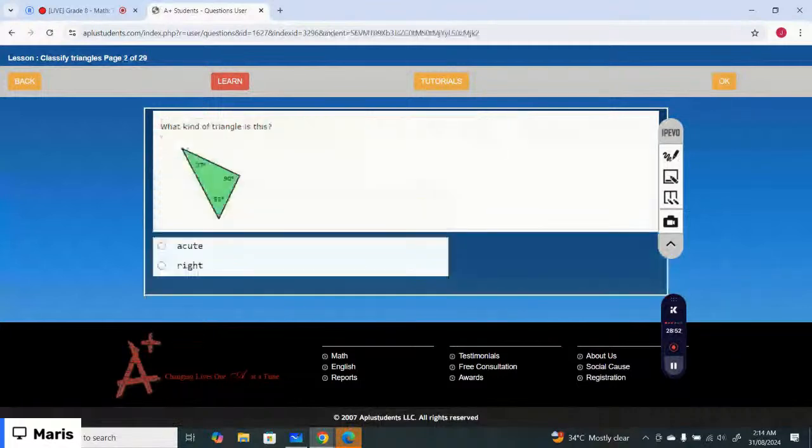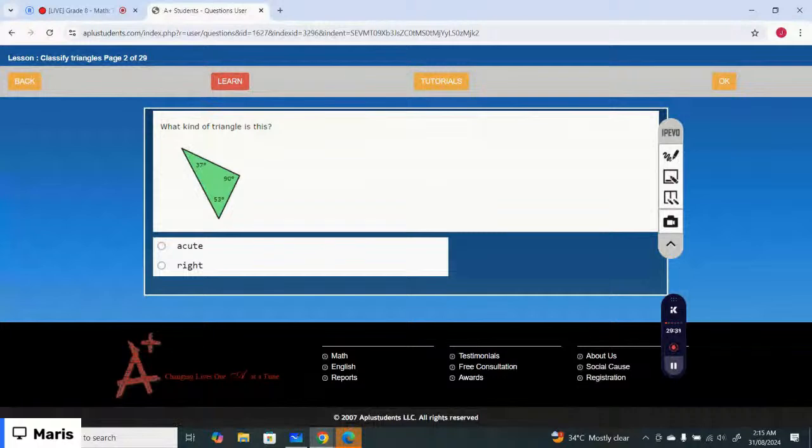What kind of triangle is this? Which is the correct option? That is a right angle triangle.